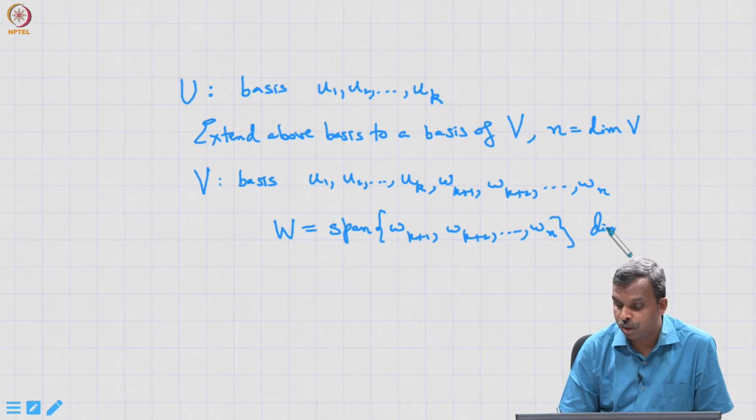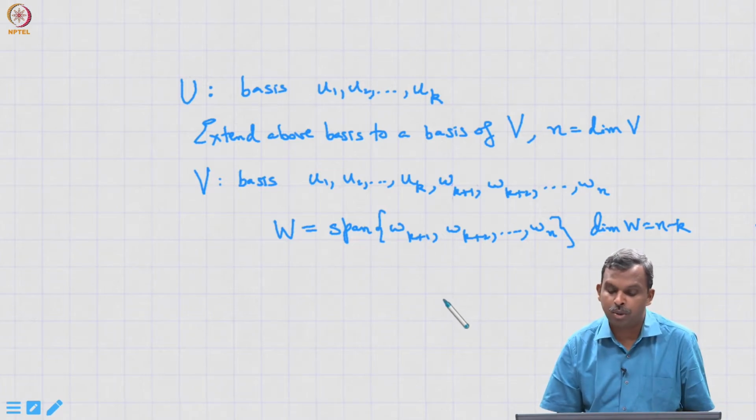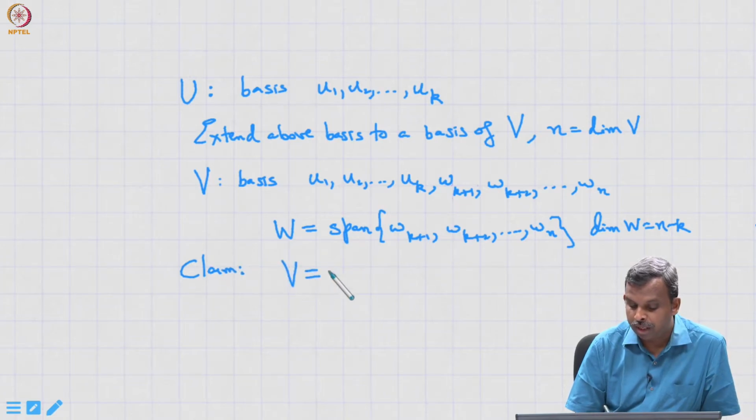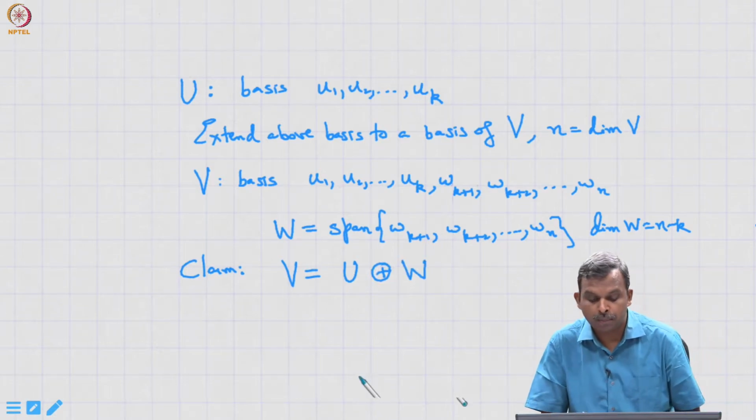Notice that the dimension of W is N minus K, since the N minus K linearly independent vectors span W. Now, the claim, which is not very hard to prove, is V equals U direct sum W.